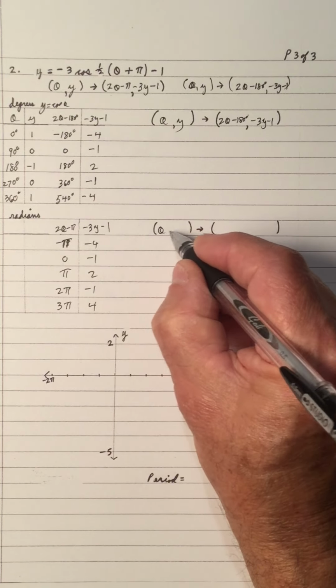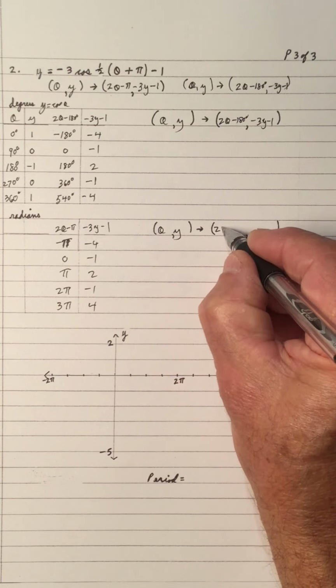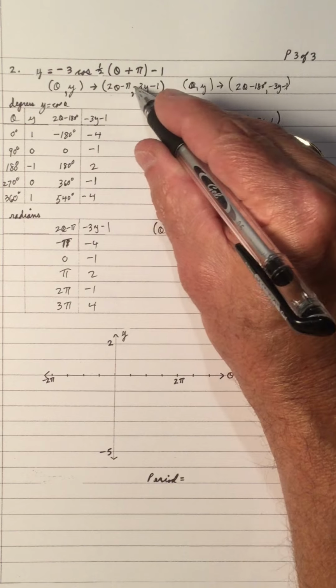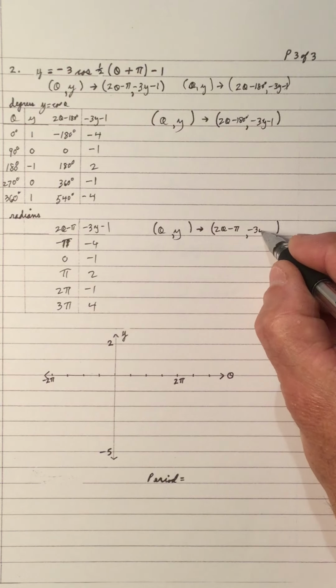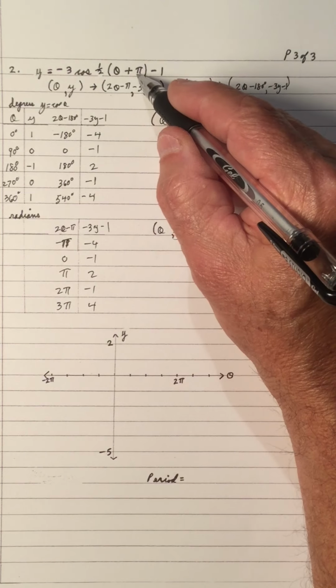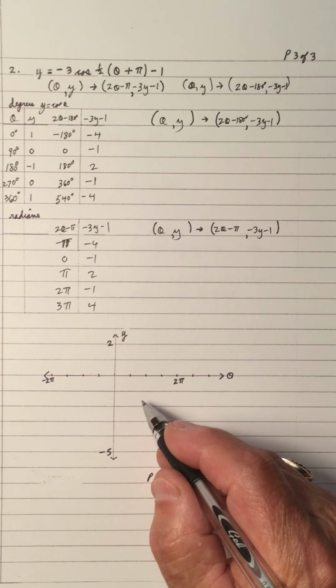In terms of radians, again, it is the same as what I have right here. So you can do it in radians only, or you can do it in degrees. But because there's radians, then this graph has to be radians.